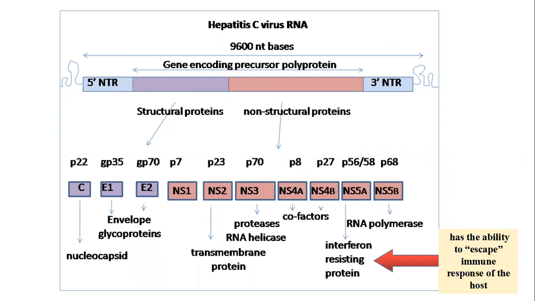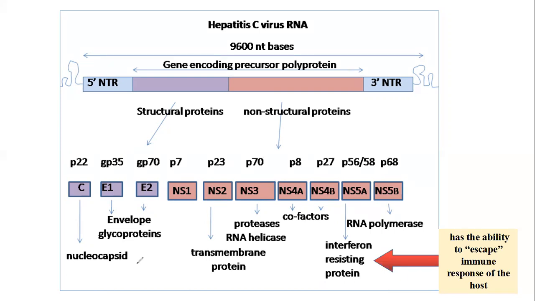Here you can see these are the structural and non-structural proteins: P22, GP35, GP70, P7, P23, P70, P8, P27, P56 or P58, and P68. And these are the genes. They are synthesizing or encoding some proteins.